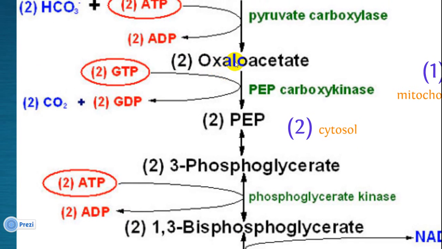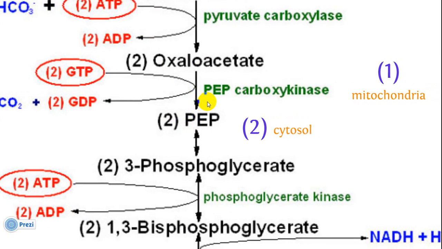Now the oxaloacetate will be changed into phosphoenolpyruvate by an enzyme called phosphoenolpyruvate carboxykinase. You know that carboxy means to add a CO2. Kinase means to take a phosphate group from a compound and add it to another compound.